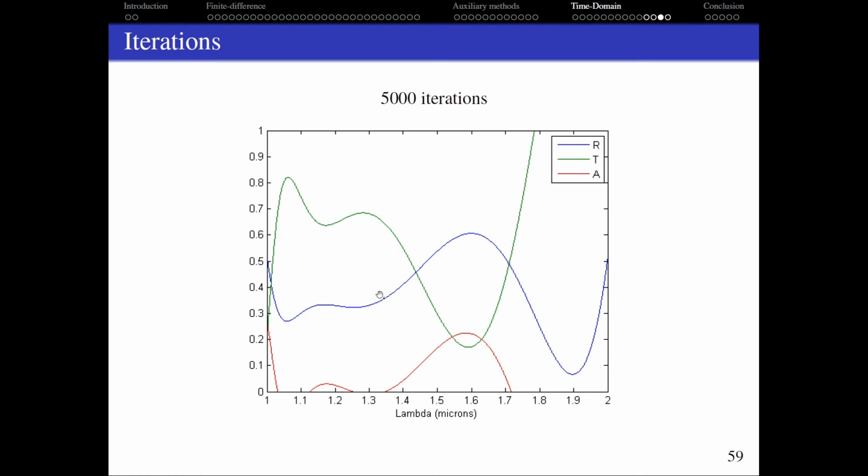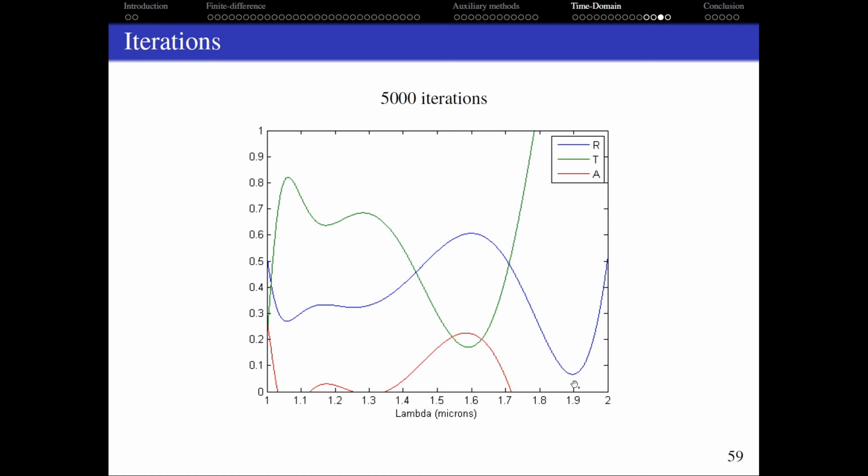So the calculation returned something, but this looks very, very strange. You can see some very big oscillations in the spectra. This is not an issue in itself, but it doesn't look very natural. You can see here that the transmission goes above 1, and the absorption goes below 0.